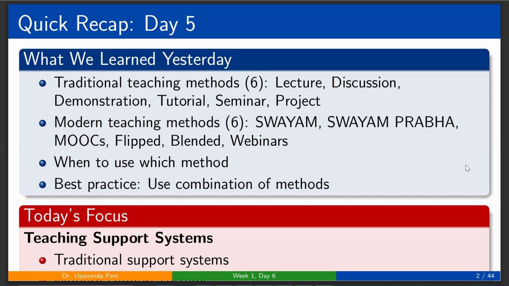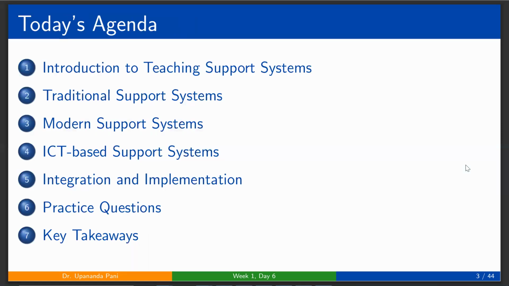And we have also learned when to use which method, and the best practice is to use a combination of methods. So today's focus will be teaching support system, basically traditional support system versus the latest or modern ICT based support system.